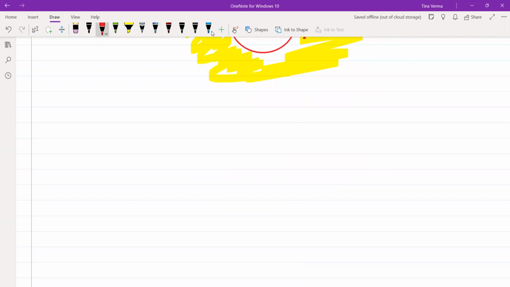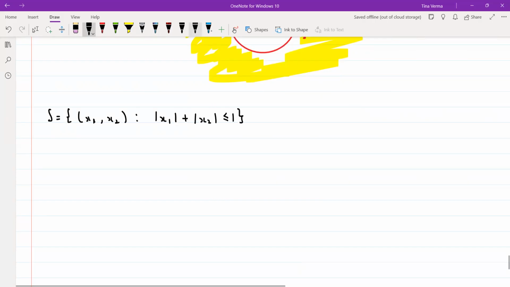So this is the simple way to check whether a set is convex or not, right? Or take the question where you have S, all those points x1 and x2 such that mod of x1 plus mod of x2 is less than or equal to 1. If you plot its region, these are nothing but lines. So this will be a rhombus.